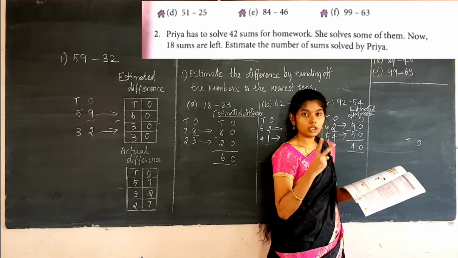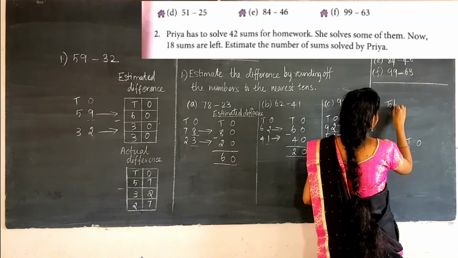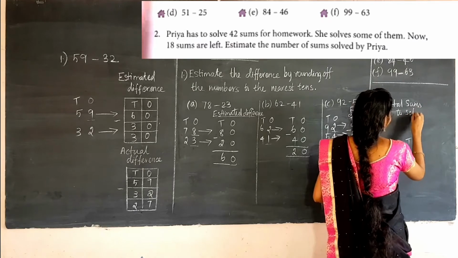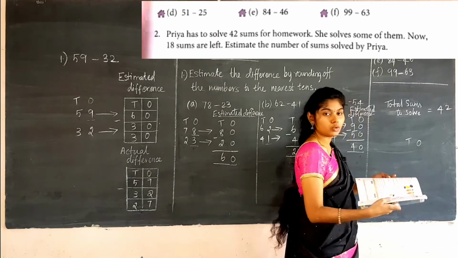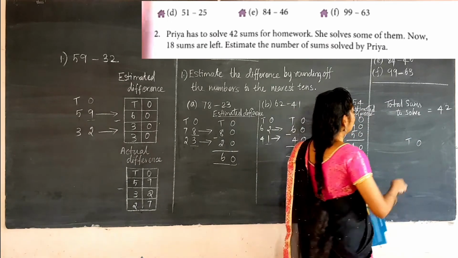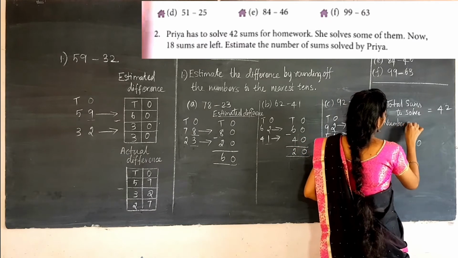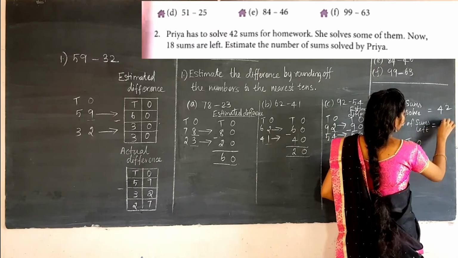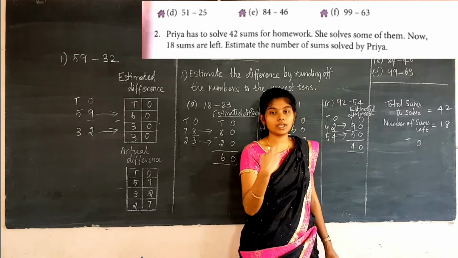Priya has to solve 42 sums in total. And the number of sums left is 18. We are going to find how many problems she has solved.